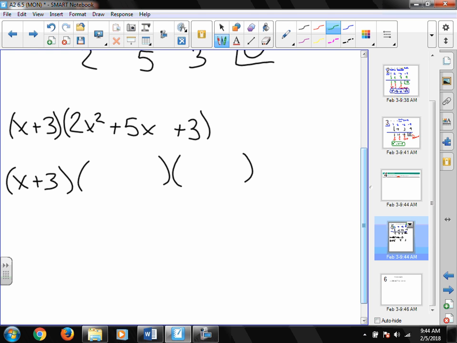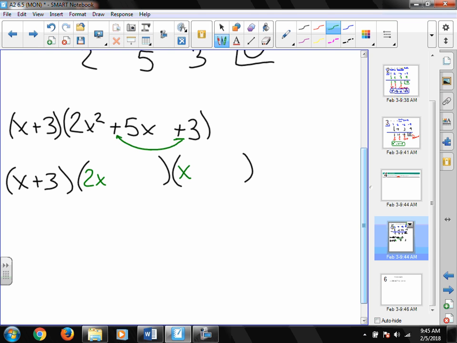Otherwise, I'm going to ask myself, what do I multiply together to get 2x squared? 2x and x. What are my signs going to be? Same. How do you know? Looked at this plus 3. Since it's positive, we know they're the same.